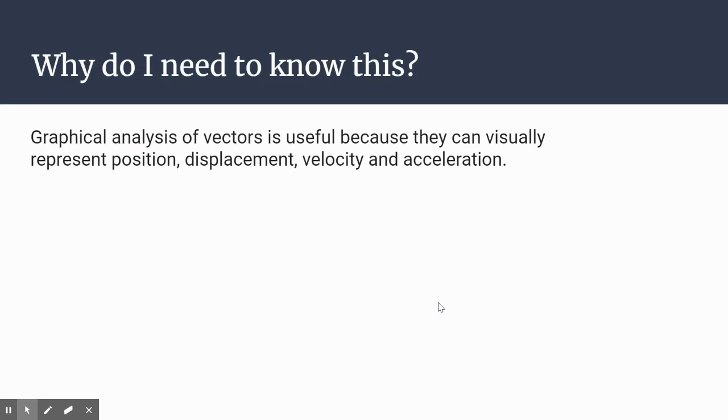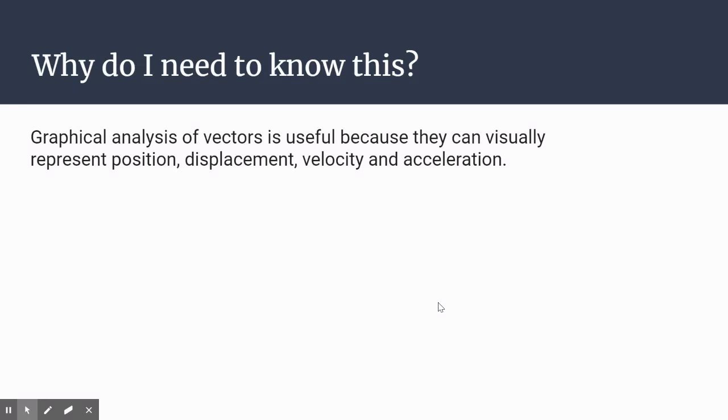Okay, so why do you need to know this? Particularly for this unit. I know I've used forces a lot in my examples, but that's going to come into unit 2. So graphical analysis of vectors is useful because they can visually represent position, displacement, velocity, and acceleration. Right?